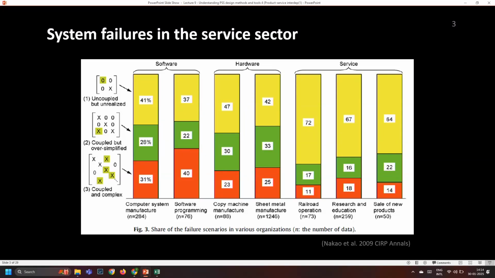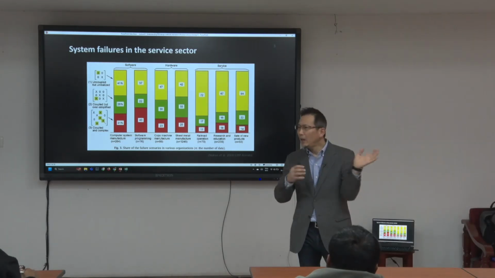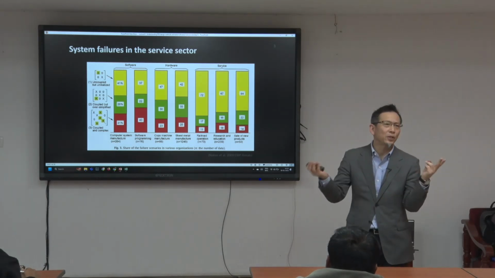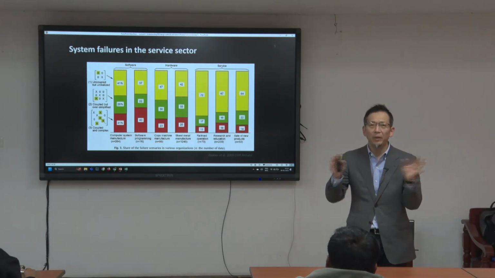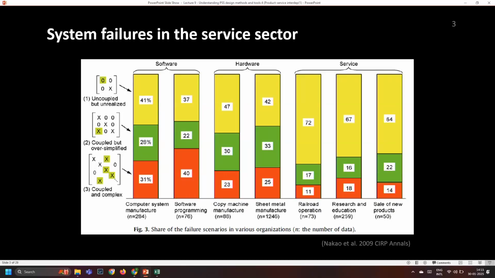Okay. I will now zoom out from PSS to businesses in general. There was a big study focusing on failures in a society. Any kind of failure, like traffic accident, computer system failure, any kind of failure. The study was conducted in Japan, and as you see, there are three categories here.